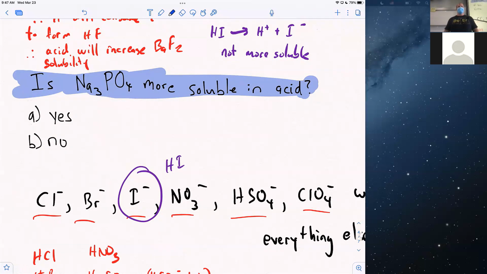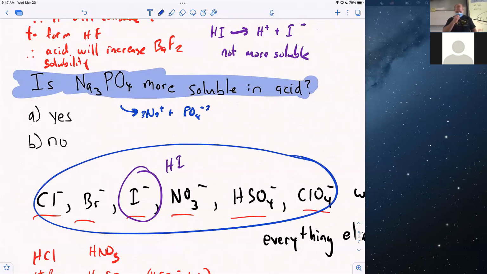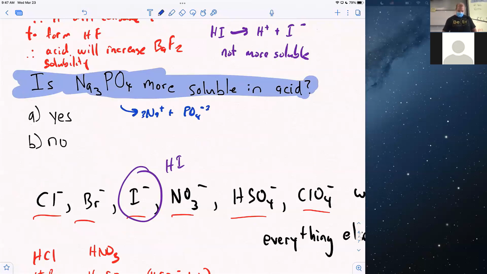Let me think, yes. Okay, yeah, that's right. And the answer is yes, and the reason why is because this will form 3 sodium and a phosphate. And phosphate is not one of these. Therefore, phosphate will be consumed, and then more trisodium phosphate will dissolve in acid. So the answer is definitely yes.